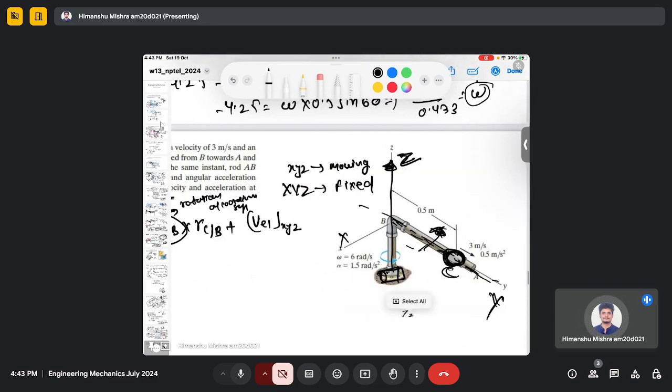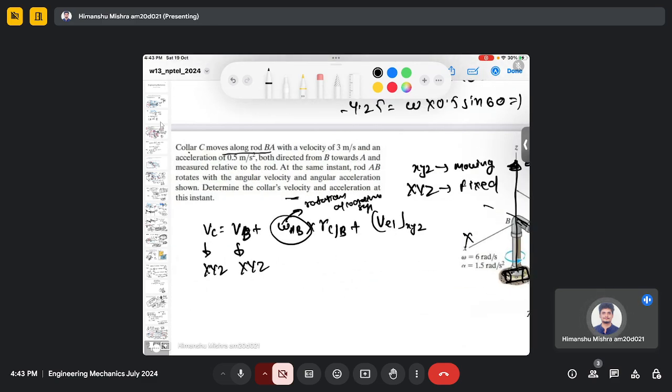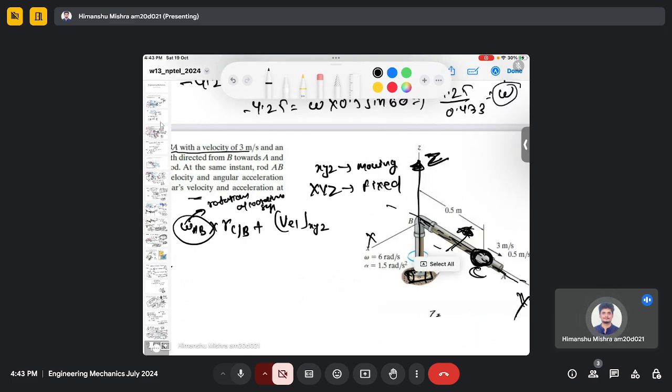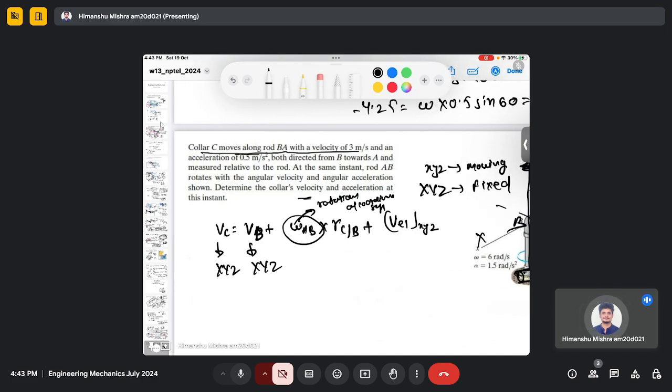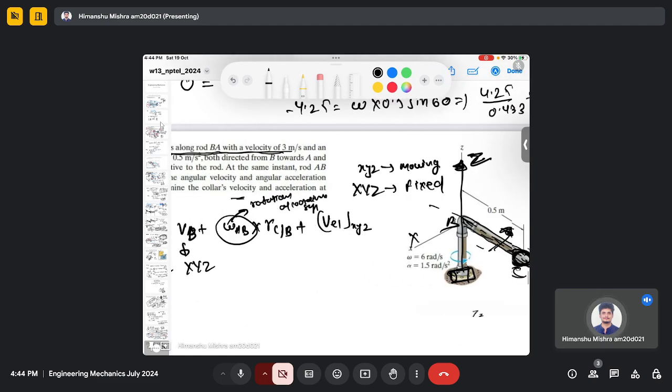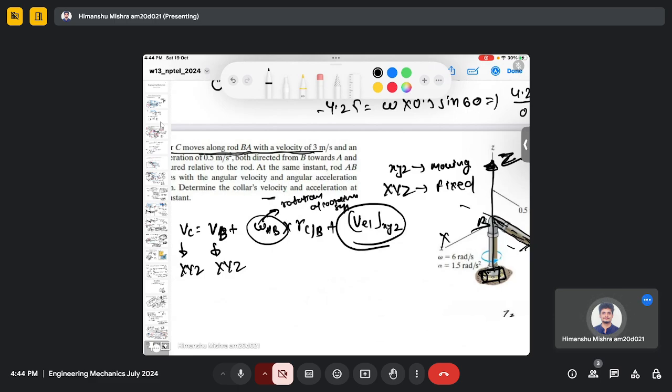Right, and this collar moves, it's given in the question that the collar C moves along rod BA with a velocity of 3 meter per second. So along this rod AB, along this rotating coordinate system, because our rotating coordinate system is aligned with AB, so this is A and this is B, and it is given in the question that collar C moves along rod AB with a velocity of 3 meter per second, which means along the rotating coordinate system my collar velocity is 3 meter per second, which is my relative velocity.